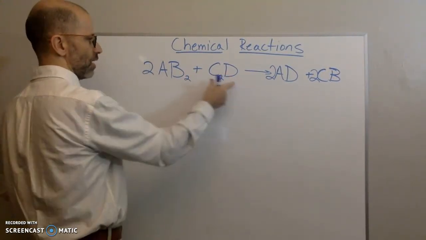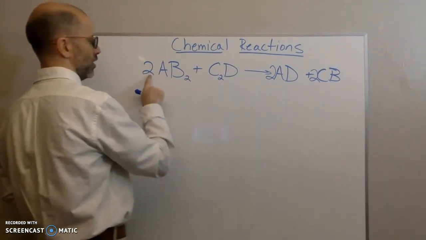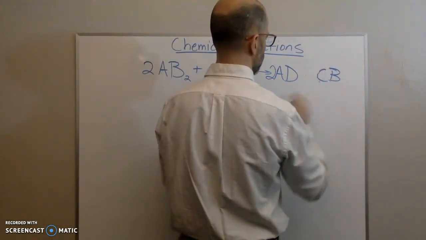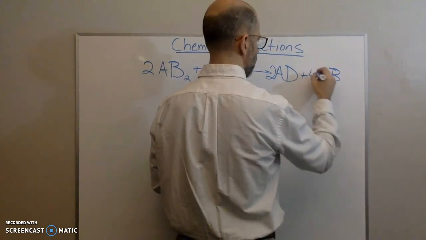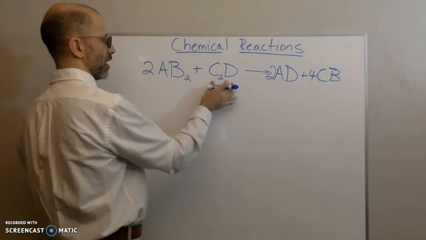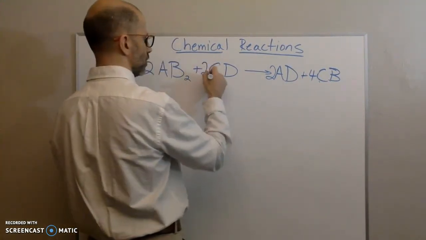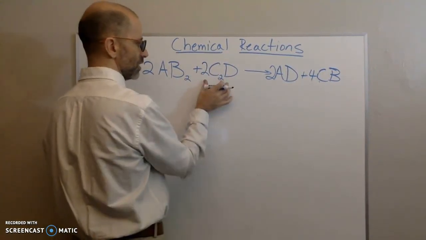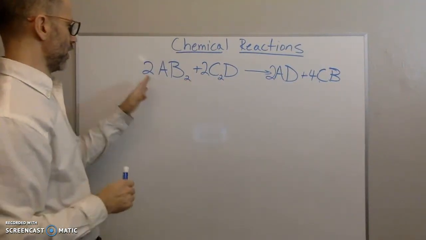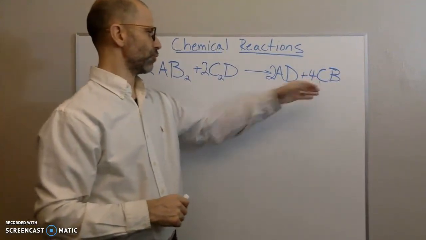So this is kind of like our formulas. If we have two AB's, we have two A's and two B's on this side. Then here we have two C's and two D's, so we would need four C's and four B's on this side. So this would be our balanced equation, and you'll notice we have a coefficient here, here, and here, and we have a coefficient 4.